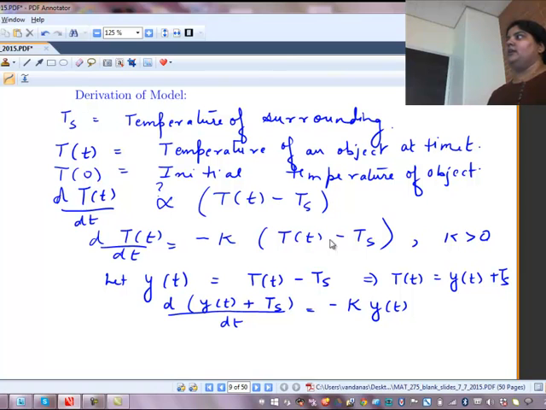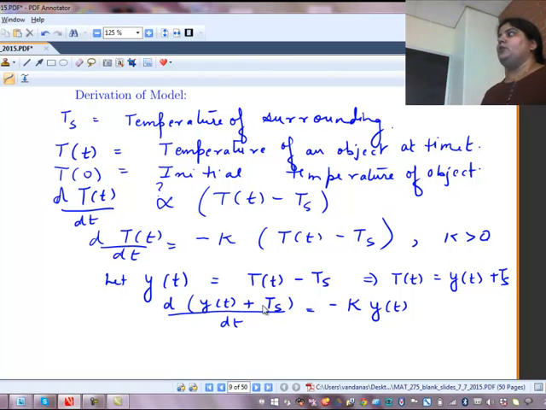Now T(t) minus Ts is y(t). So again replace this side also with y. So basically convert this whole thing in terms of y, because the reason I did it is that it's a very familiar notation for you. Y function is unknown.